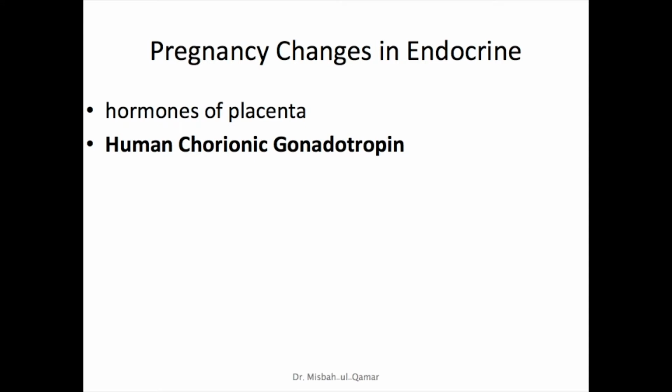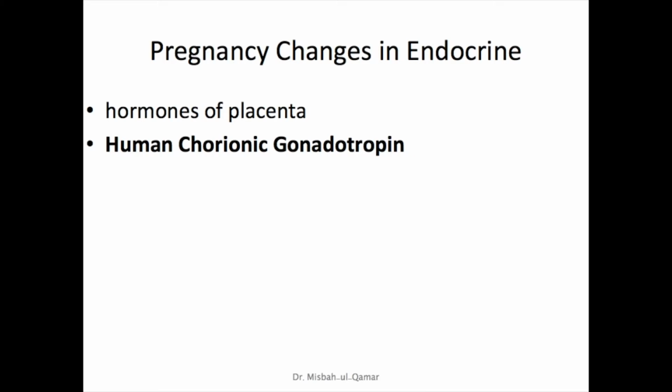Human chorionic gonadotropin is secreted by the syncytial trophoblast cells into the fluids of the mother. The secretion of this hormone can first be measured in the blood 8 to 9 days after the ovulation. This information is important from an MCQ point of view.